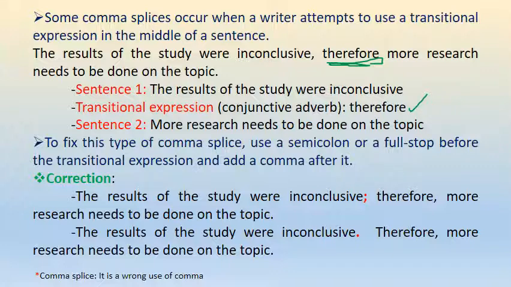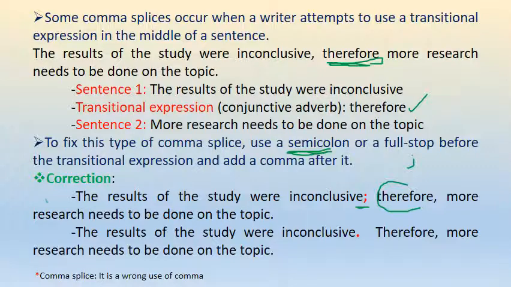To fix this type of comma splice, use a semicolon. A semicolon is something between a comma and a full stop. Put it before the transitional expression and add a comma after it. So the correction is: the results of the study were inconclusive; therefore, more research needs to be done on the topic.